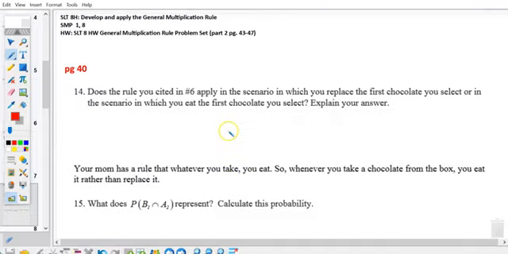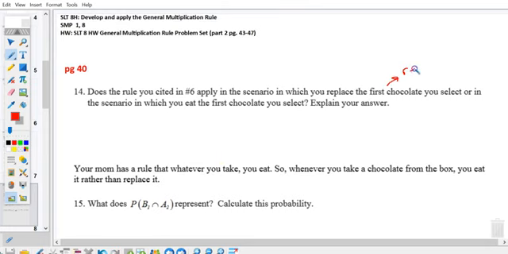Okay, let's try again. Does the rule you cited in number 6 apply in the scenario in which you replace the first chocolate, or in the scenario where you eat the first chocolate?